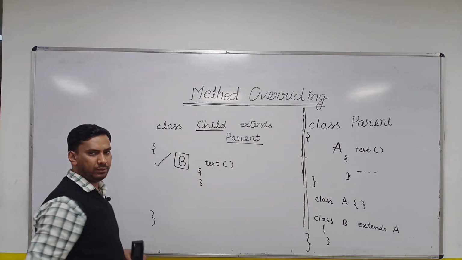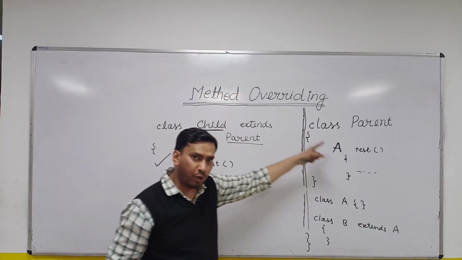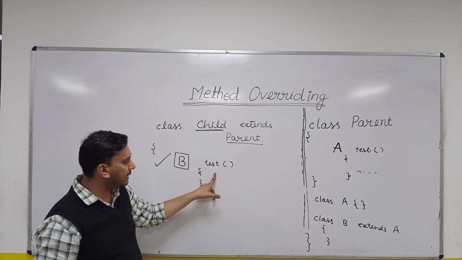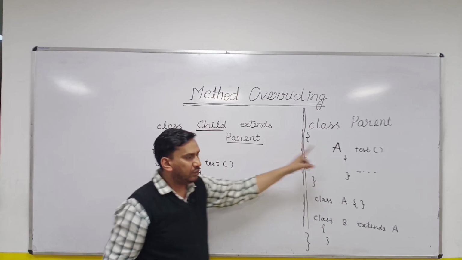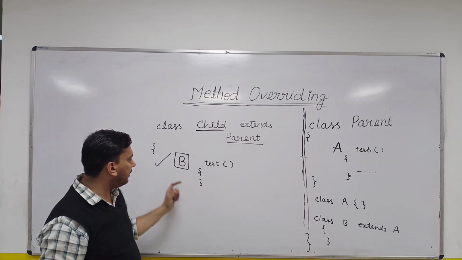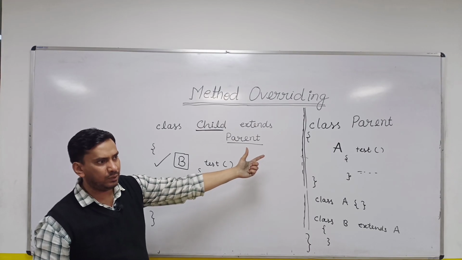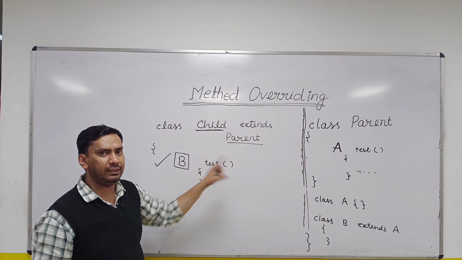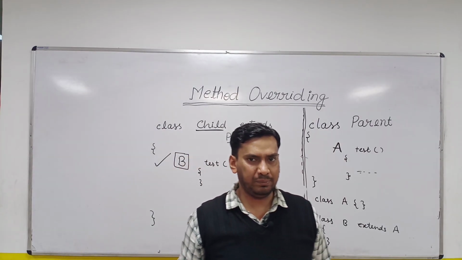Now it is allowed. You can see here, I am overriding this test method of the parent class in the child class, and I am also changing the return type. This change is allowed only when it is a subclass of A type. This kind of change in the overriding is allowed, and this is called covariant return type.